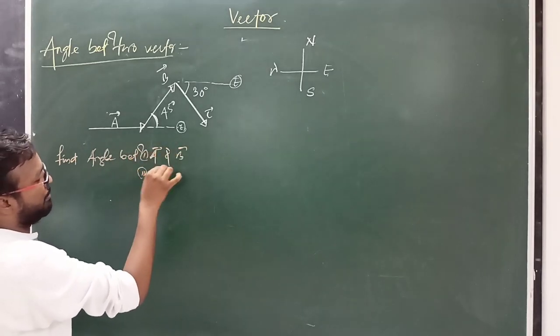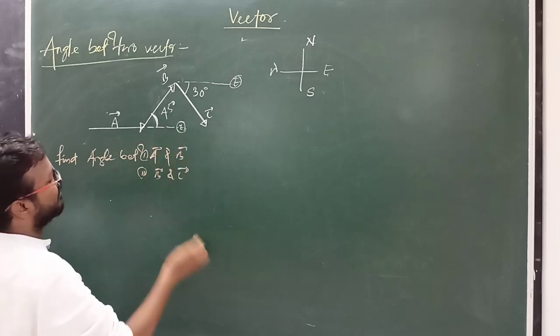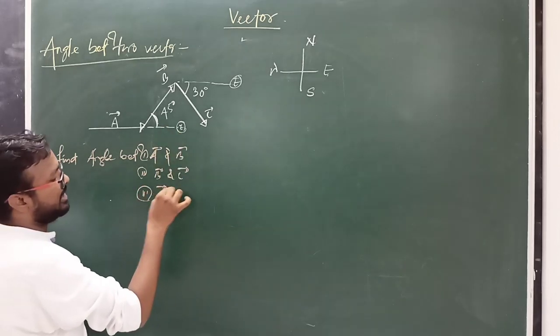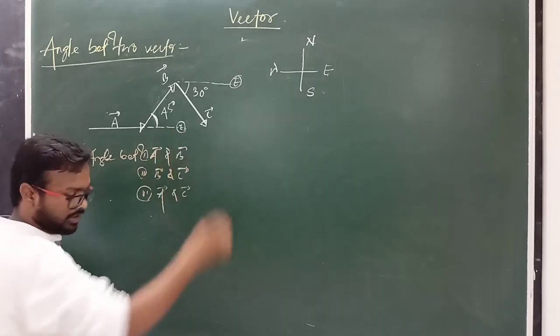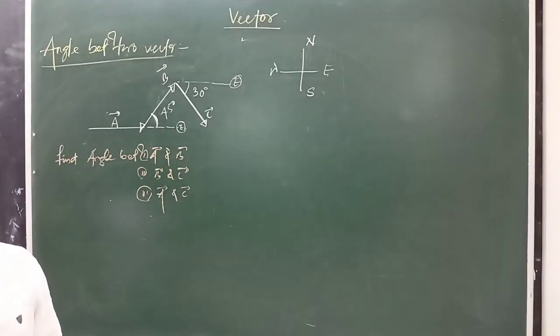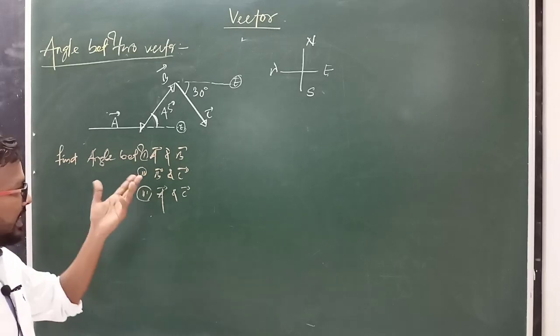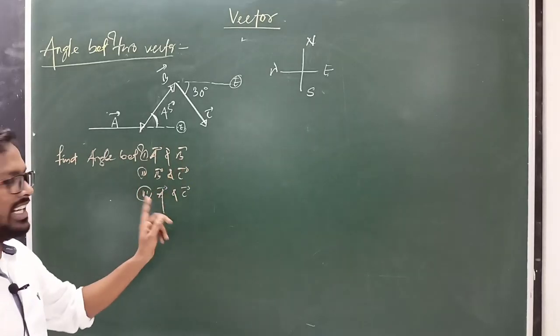Second question, B vector and C vector. And third question, A vector and C vector. You can calculate the angle between AB, BC and AC.